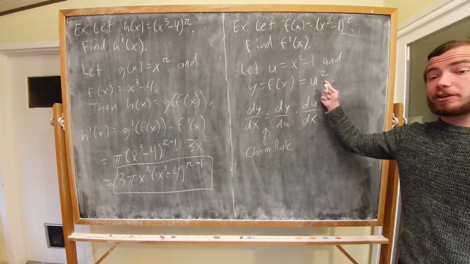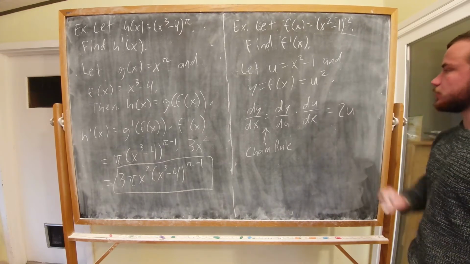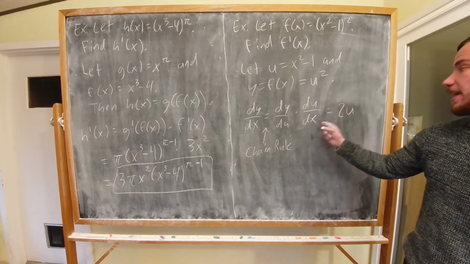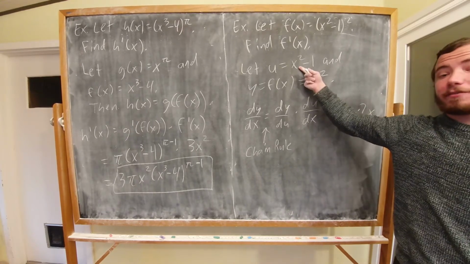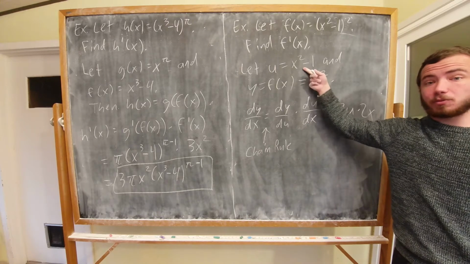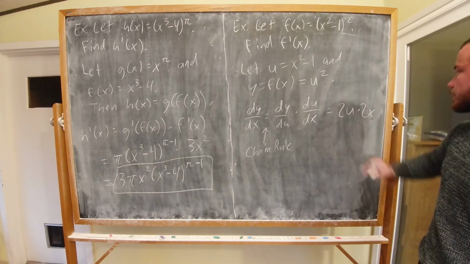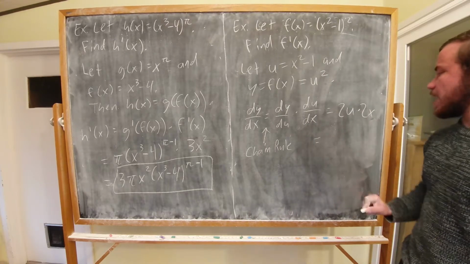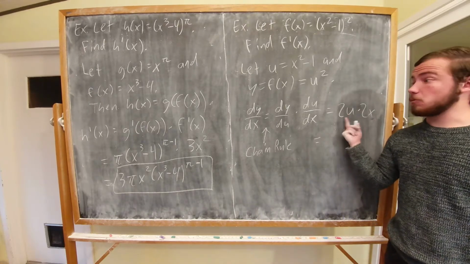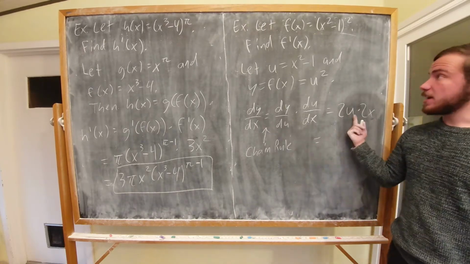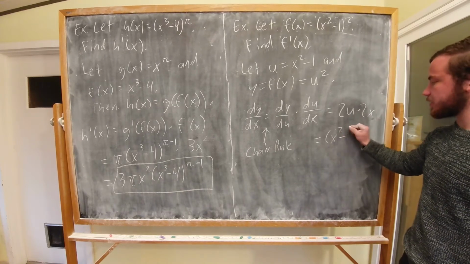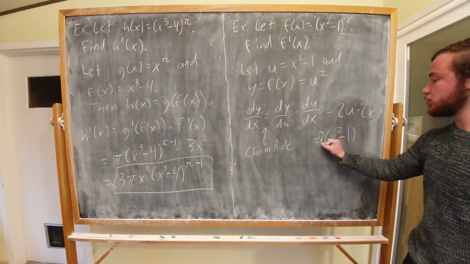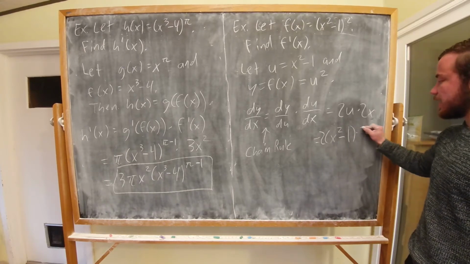Well, y is equal to u squared, so dy du is just 2u. How about du dx? 2x, right? Derivative of x squared minus 1 with respect to x. Okay, and now all we have to do to get y in terms of x again is we're going to plug in our definition of u. This is 2 times x squared minus 1 times 2x.